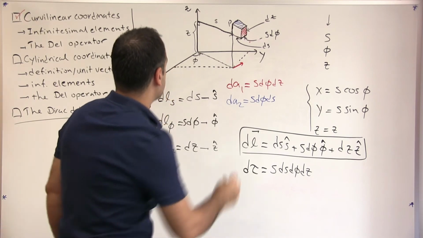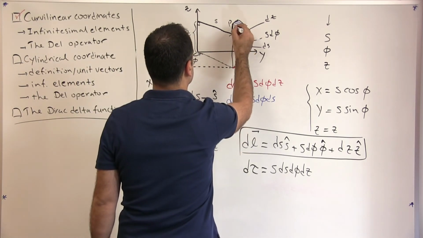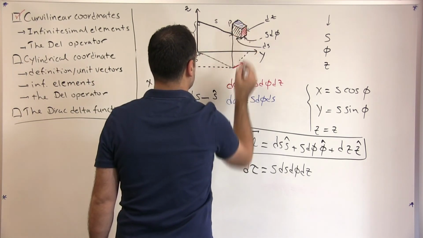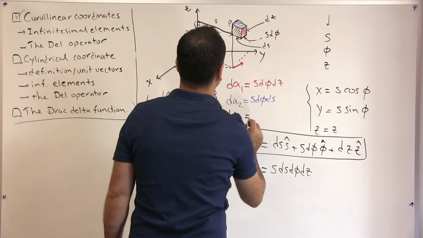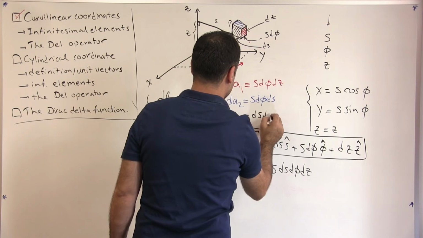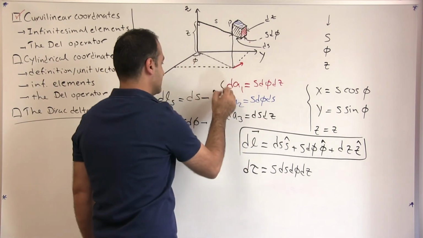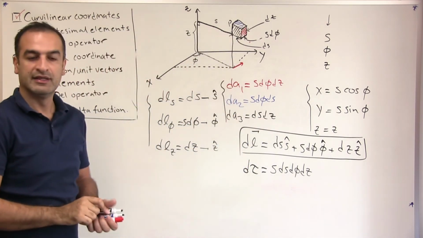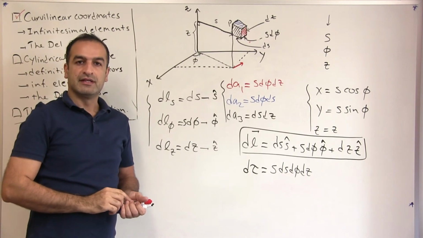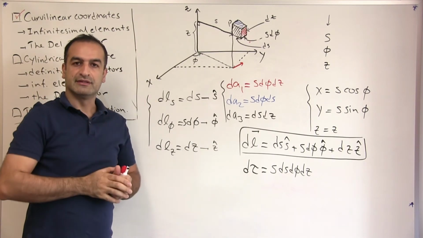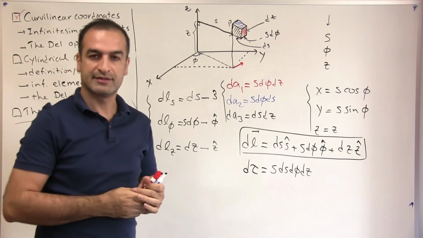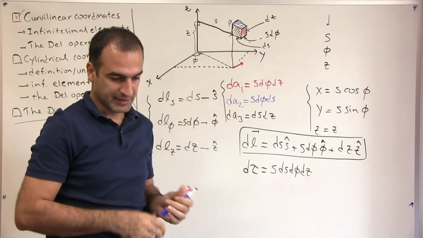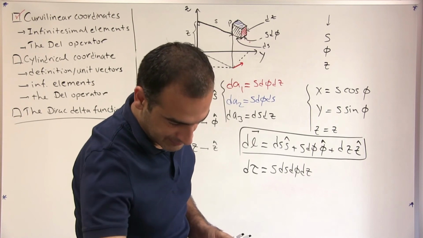And then the other side, the black shade, dA3 is ds times dz. Okay. So these are three infinitesimal areas that we can have in cylindrical coordinates. Sounds good? Okay.